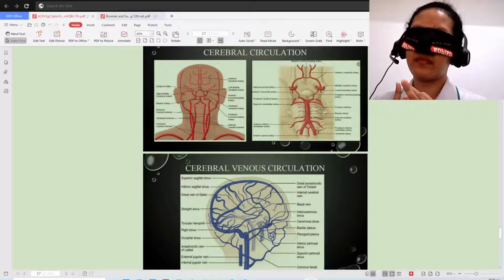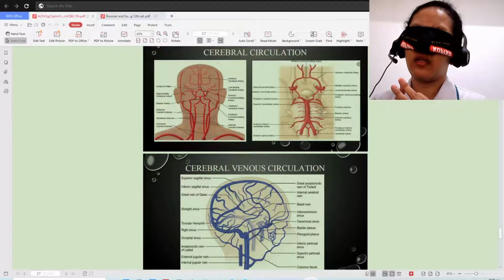Then the anterior communicating artery supplies blood to the medial, superior, and frontal lobe.